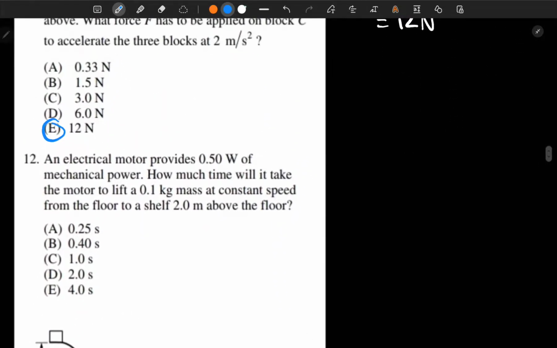Next, let's assume there's an electric motor which provides 0.5 watts of mechanical power. How much time will it take the motor to lift a 0.1 kilogram mass at constant speed from the floor to a shelf 2.0 meters above the floor?